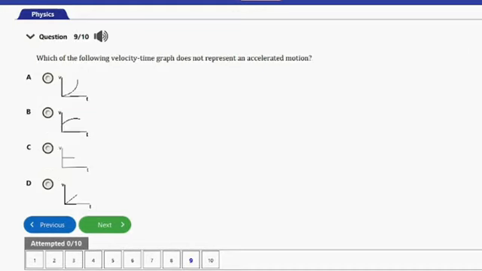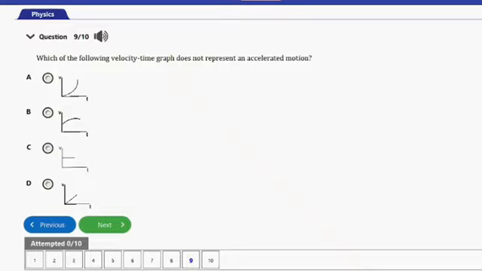So guys, the next question we have here, question number 9, says, which of the following velocity time graphs does not represent an accelerated motion? So guys, the one here that does not represent an accelerated motion is option C, because there is no increase in velocity as time increases.